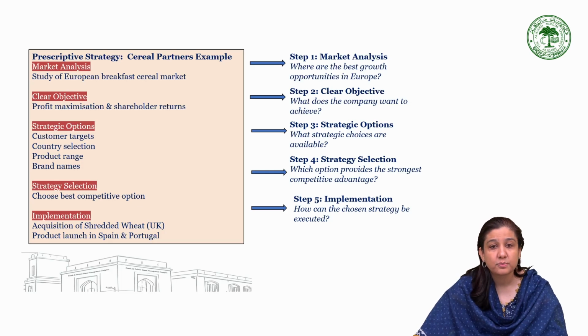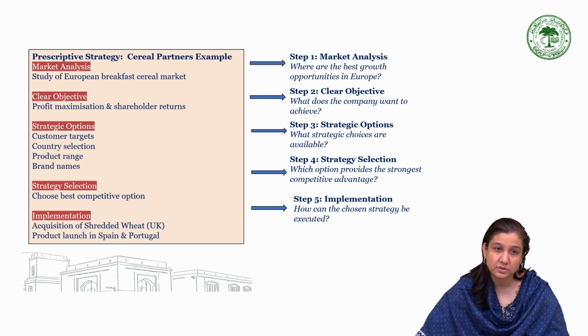So the primary objective was profit maximization and increasing shareholder returns. This company carefully analyzed opportunities across different European countries before making strategic decisions. This example demonstrates how organizations systematically move from analysis to implementation.